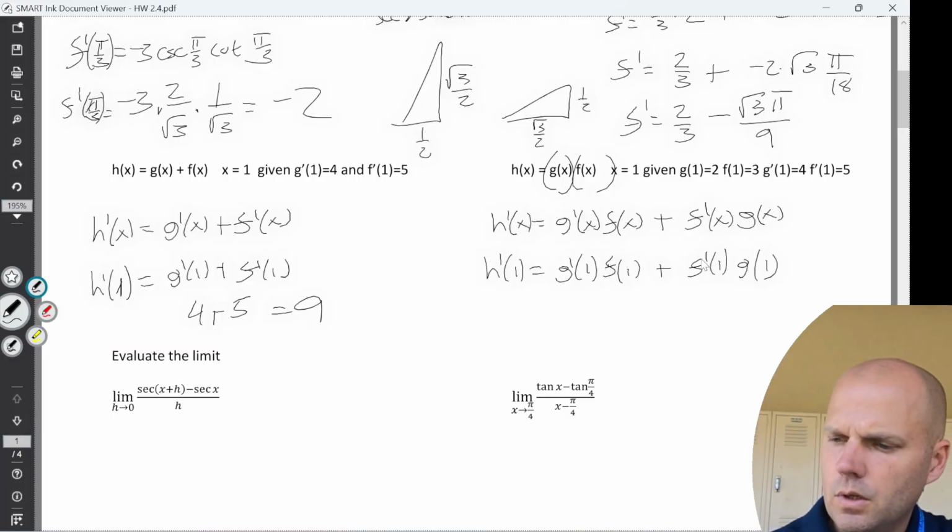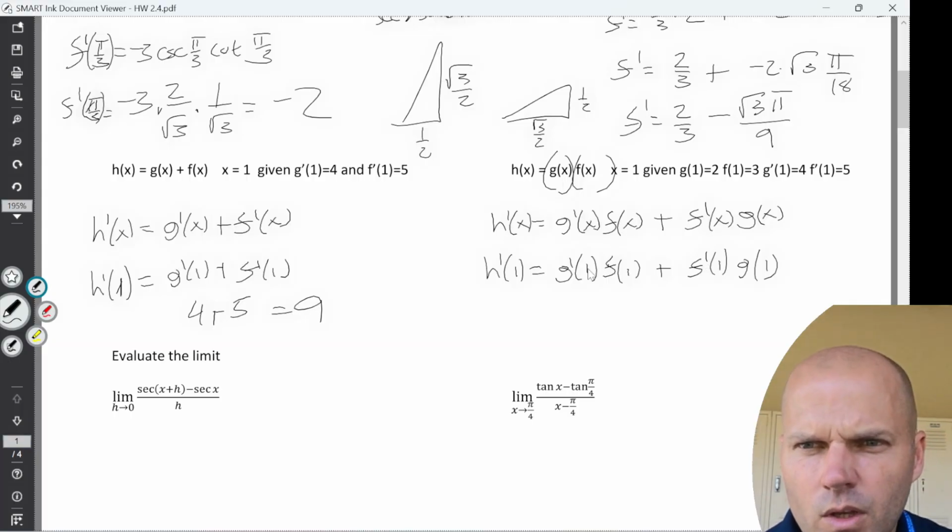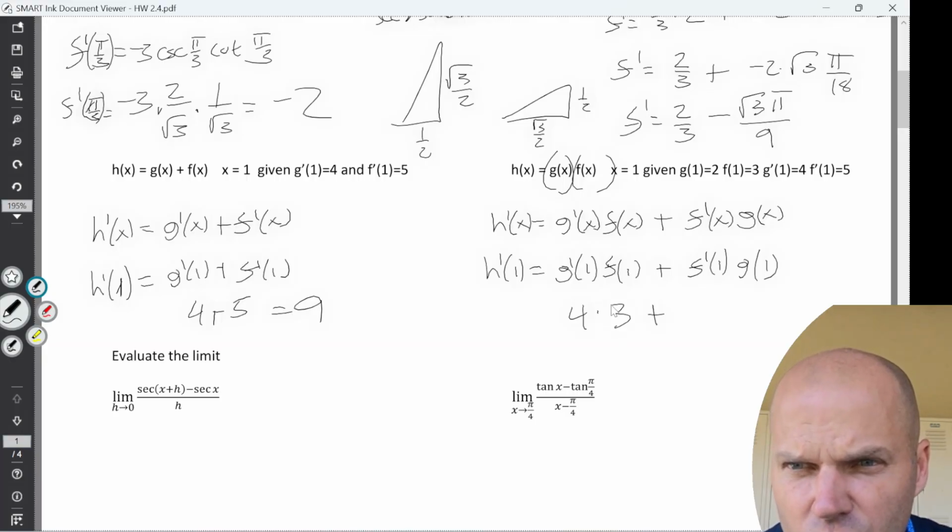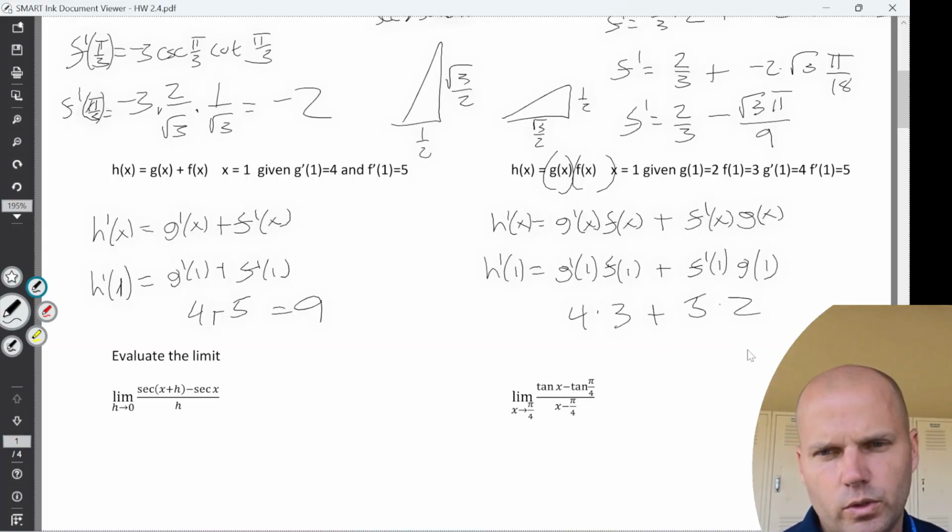Okay. Checked out. G slope at 1 is 4, f of 1 is 3, f slope at 1 is 5, g of 1 is 2. 12 plus 10 is 22.